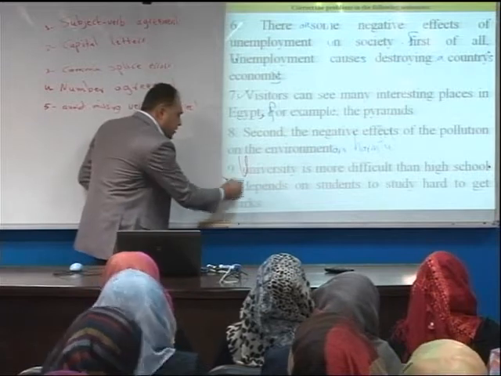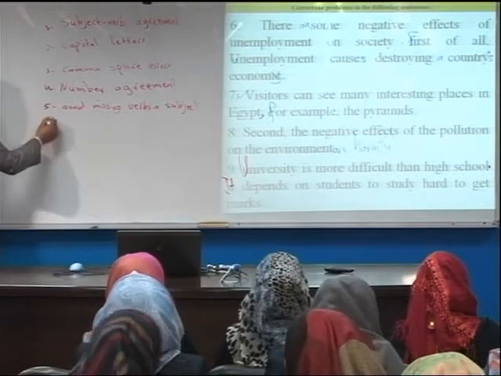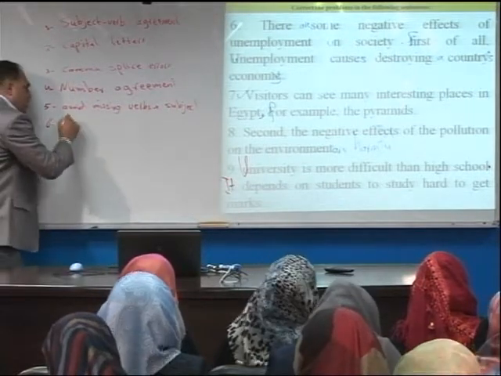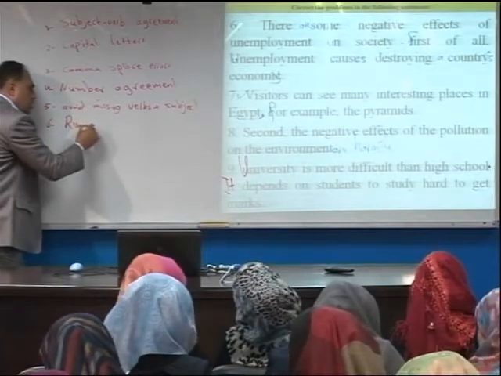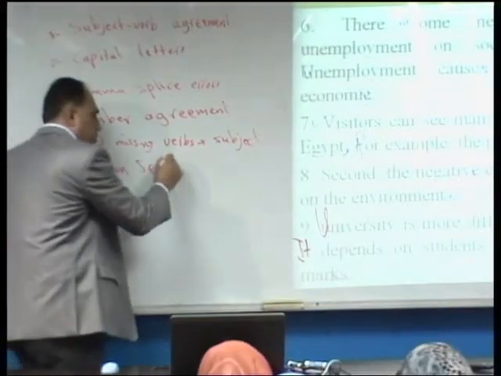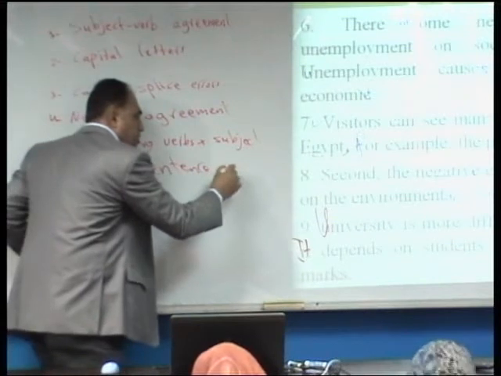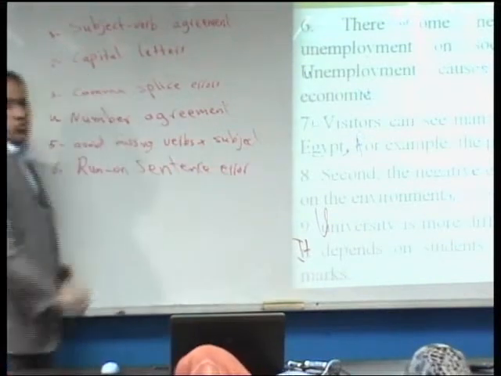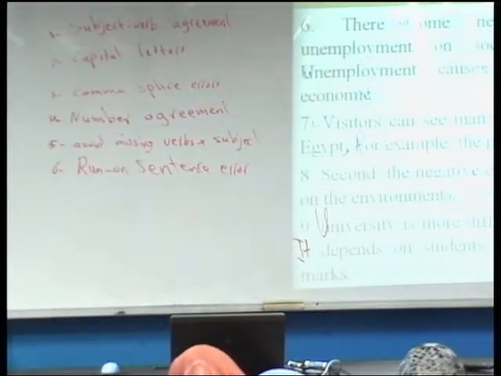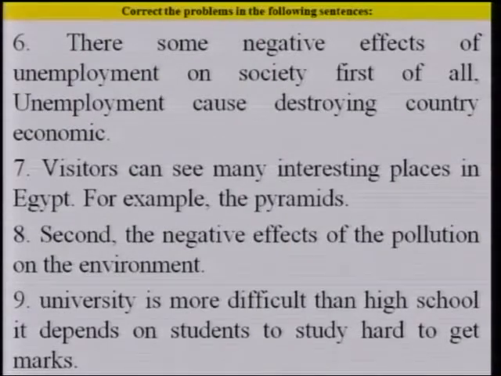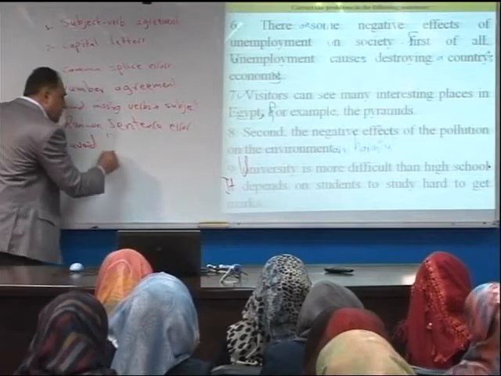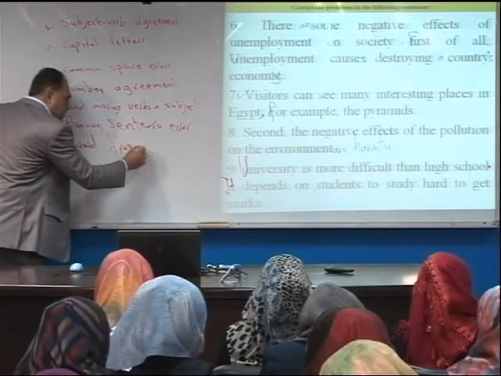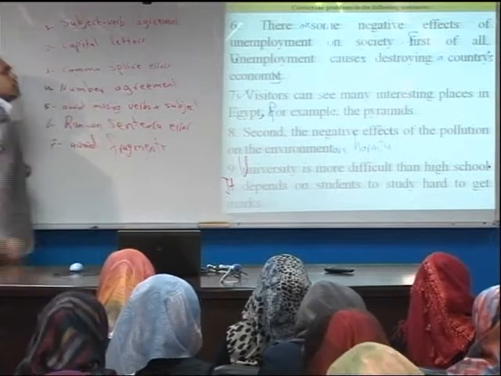So if we list it, number 6 is avoid run-on sentence errors. You have to avoid run-on sentences, with no punctuation between the sentences. And number 7 is avoid, of course, sentence fragments.